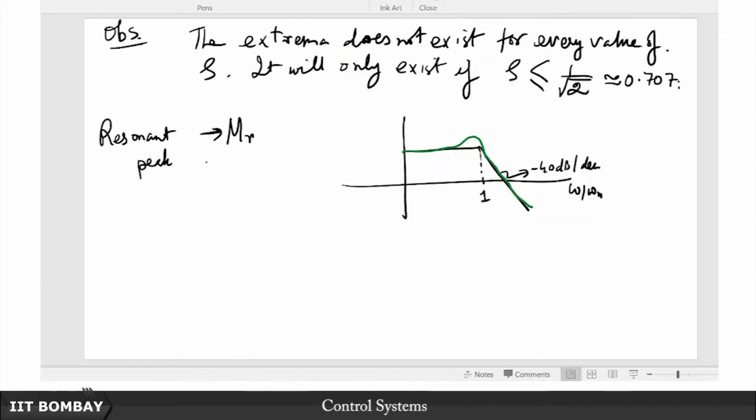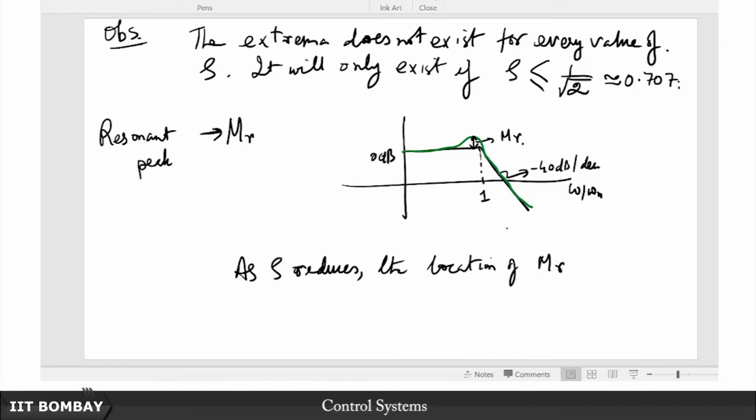So, as zeta reduces, the location of MR, let me point out what this MR is. If this is your 0 dB line, then this is the MR, this is the resonant peak.